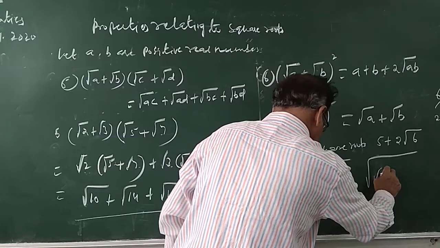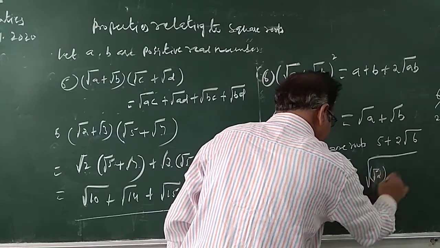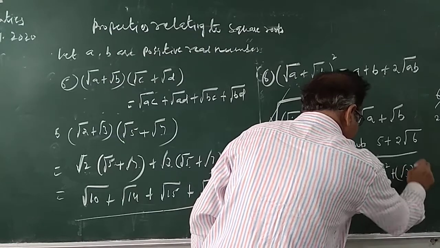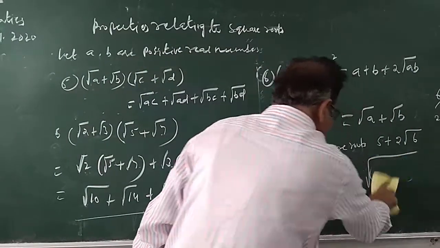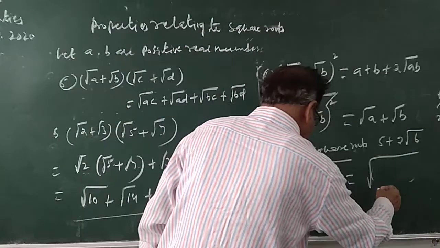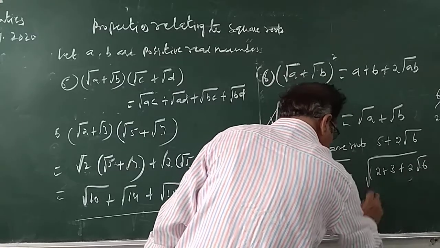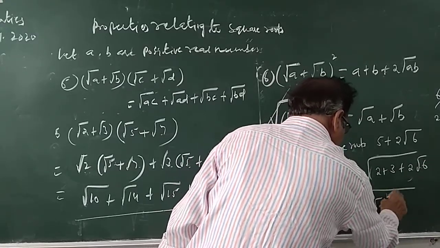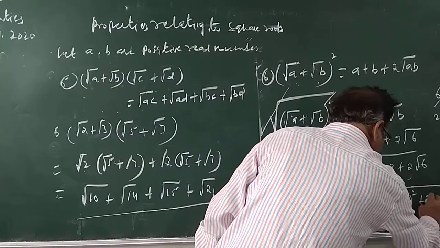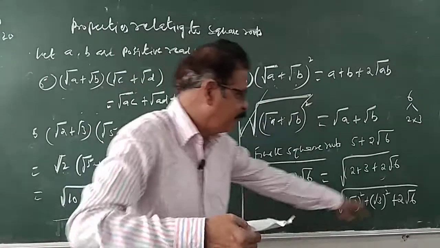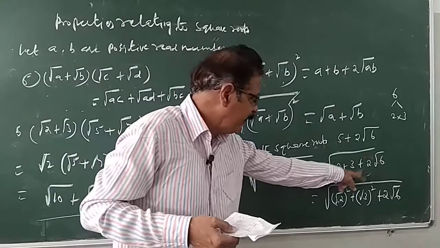So 5 plus 2 root 6 is 2 plus 3 plus 2 root 6, which is root 2 square plus root 3 square plus 2ab, like a square plus b square plus 2ab.